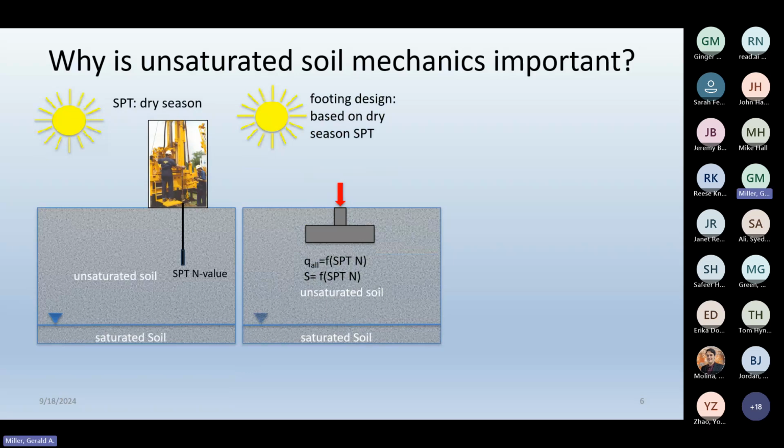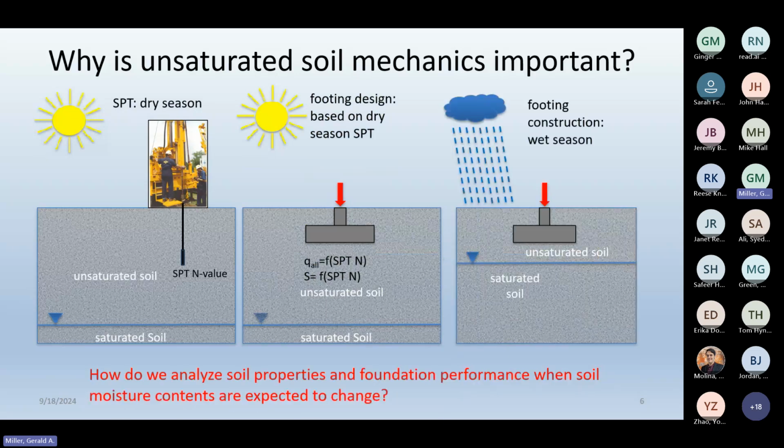But suppose the drought breaks, we get significant infiltration and rainfall, and now the conditions have changed, either before construction, sometimes construction is a year later, or during construction. How's that footing now going to behave now that we've designed it based on dry conditions? So we need to be thinking about those changes and how that affects the performance of our structures.